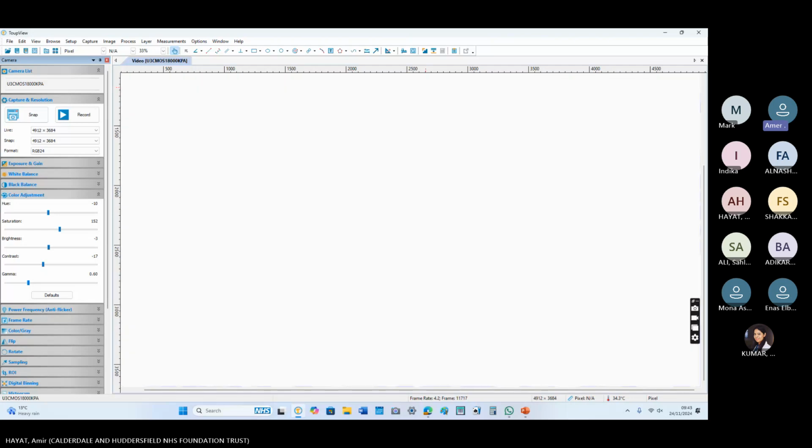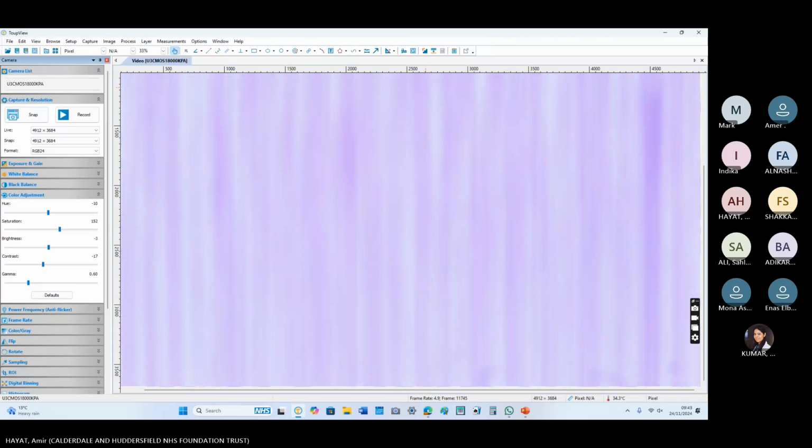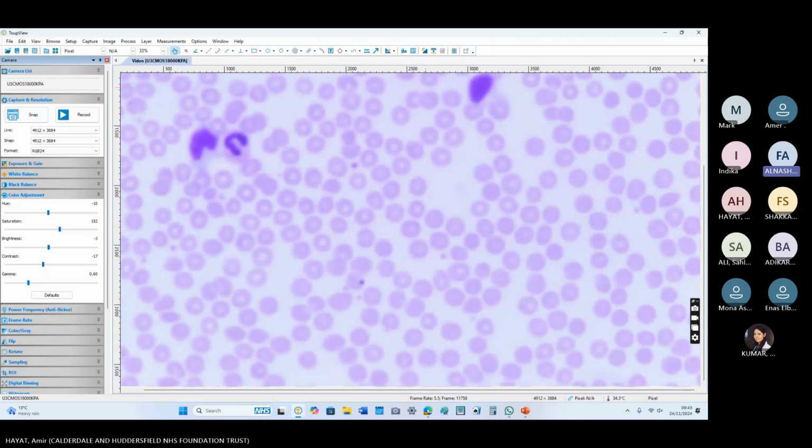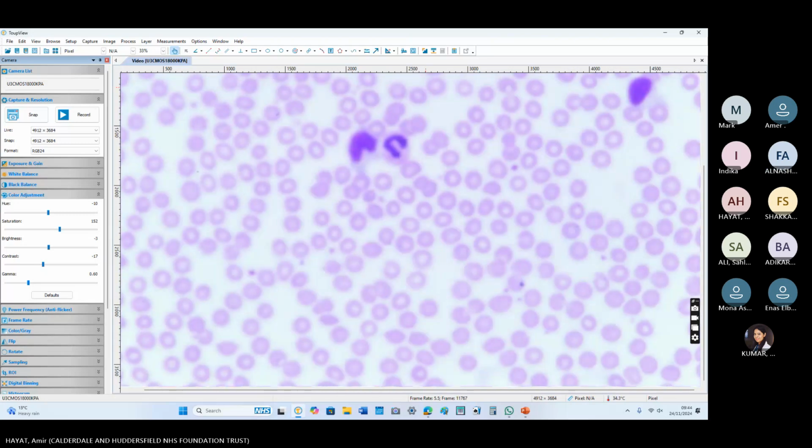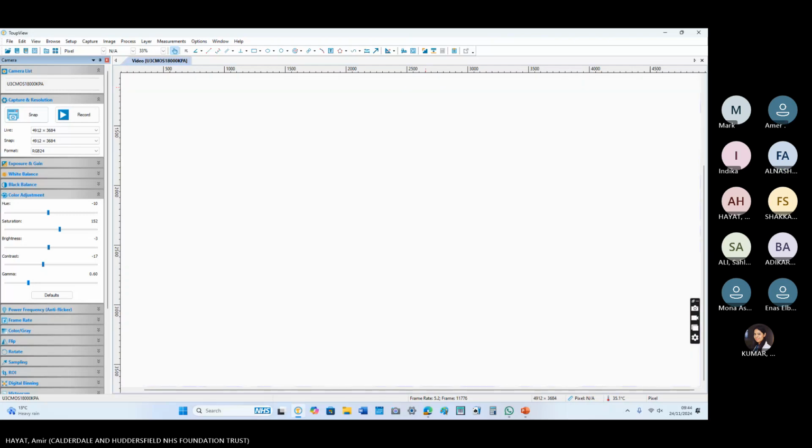So what test will you do to confirm your diagnosis? Flow cytometry. Why? To exclude what?